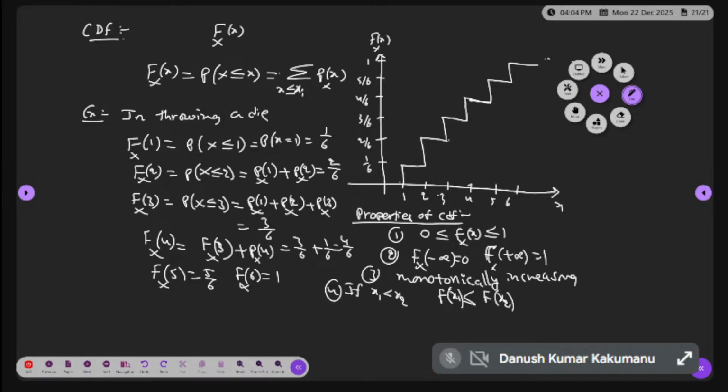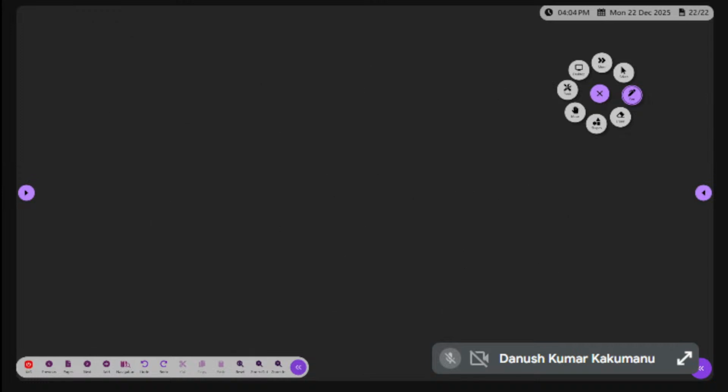Coming to PDF, the probability density function. It is represented by small f of x. What is the definition?